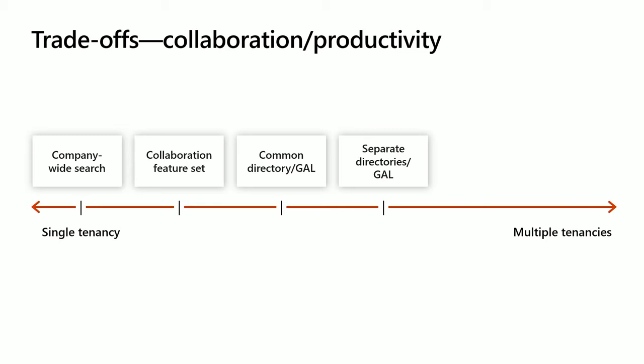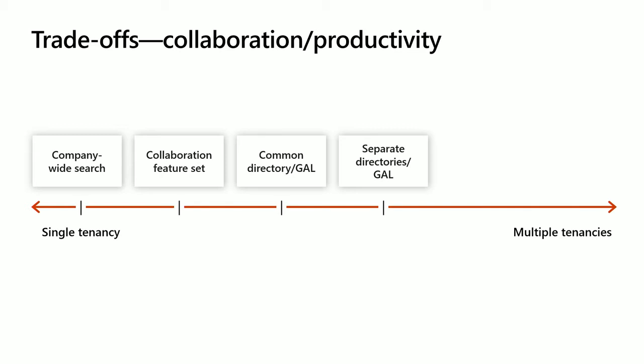Now, on the collaboration side, what we're finding is that most companies in this situation are very anxious to be able to do things like Teams collaboration and SharePoint, and have an experience where users in one tenant can access resources, and in some cases manage resources in another tenant. And again, we are moving more and more in that direction.